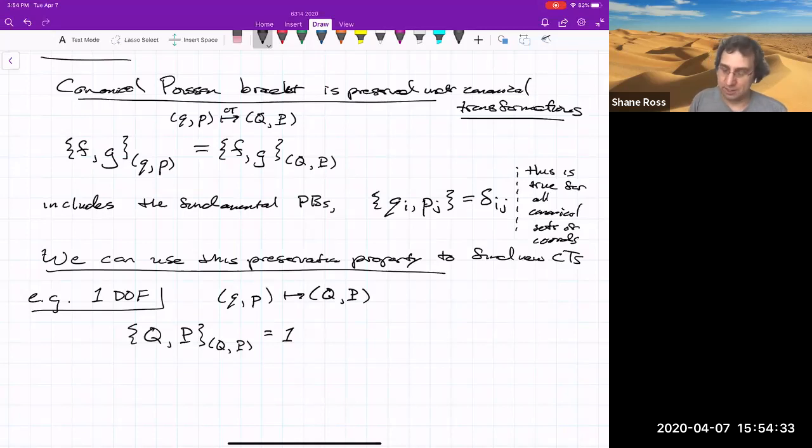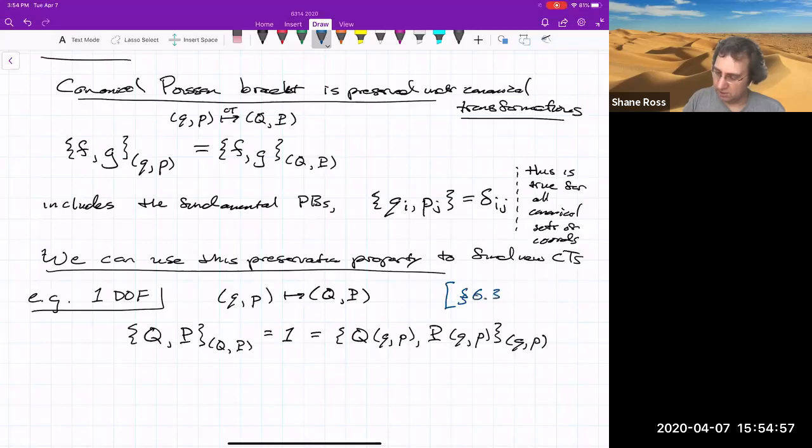But this also has to equal 1 if we were to do big Q, which is a function of little q and little p, and big P, which is a function of little q and little p, do the Poisson bracket in terms of the little coordinates, the original coordinates. And just to give you a reference, if you wanted to see where this is, it's in section 6.3 of Hand and Finch, where they describe this.